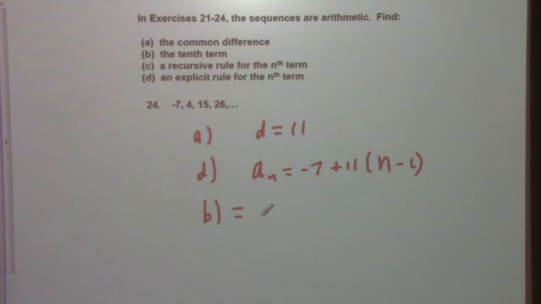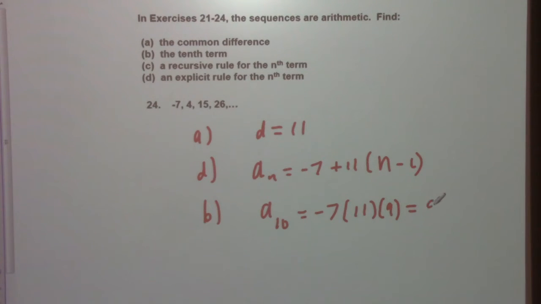92. Part B is going to be a sub 10. He says 92. It's going to be negative 7 plus 11 times n minus 1, so that's going to be 9 times 11, which is 99, minus 7.